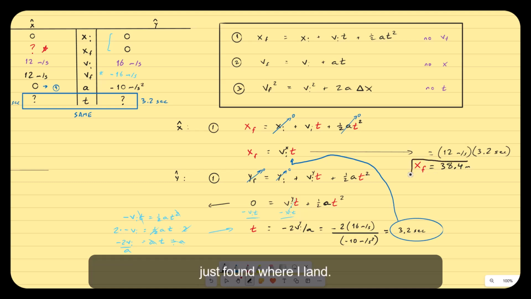And I have just found where I land. I can fill that value in too. But being that it was the last thing, that's good enough.